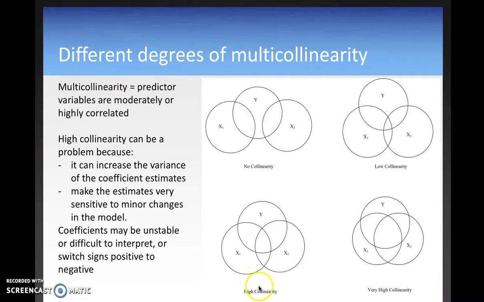But as we get high or very high collinearity, you notice the overlap between x and y. And this overlap can become a problem because the coefficients of our predictors might become unstable, or they might be difficult to interpret. Sometimes you even have the signs start switching on you, or something that's normally positively related to an outcome all of a sudden has a negative coefficient, which wouldn't really make a whole lot of sense.